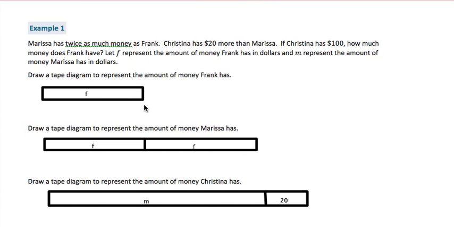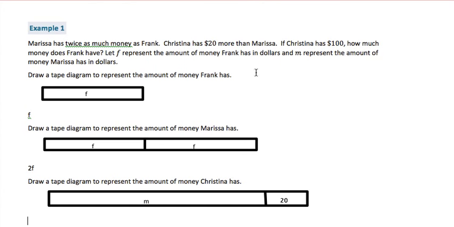Now this is really important when we're drawing the tape diagrams, that we see the relationship among them. Frank has F amount of money. Marissa has twice as much as Frank, so Marissa has 2F. And Christina has the same amount as Marissa, but $20 more.